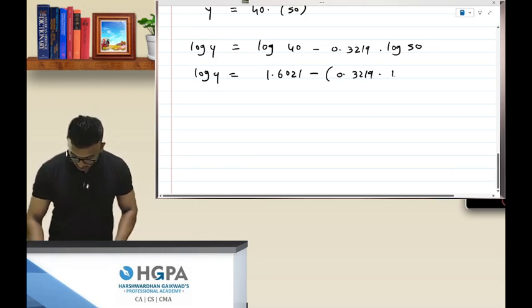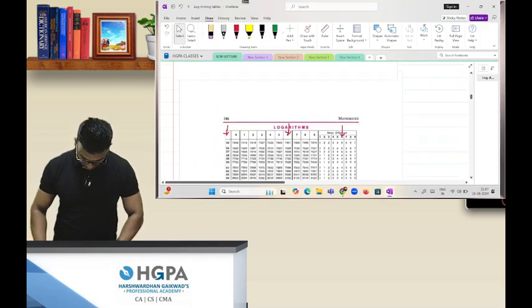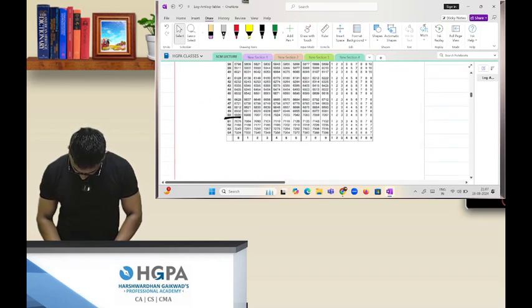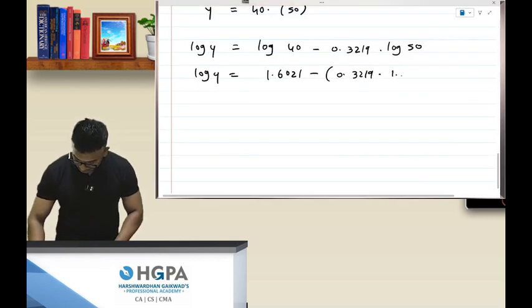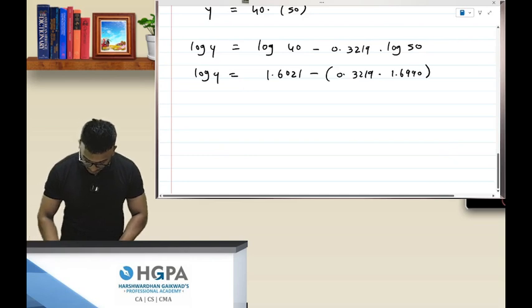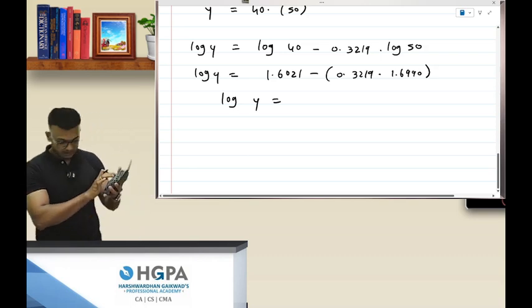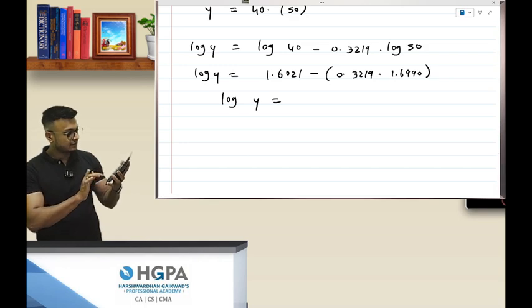Log 50, where is it? 1.6990. Please find out the answer for log y. We'll do it: 0.3219 into 1.6990, subtracted from 1.6021.